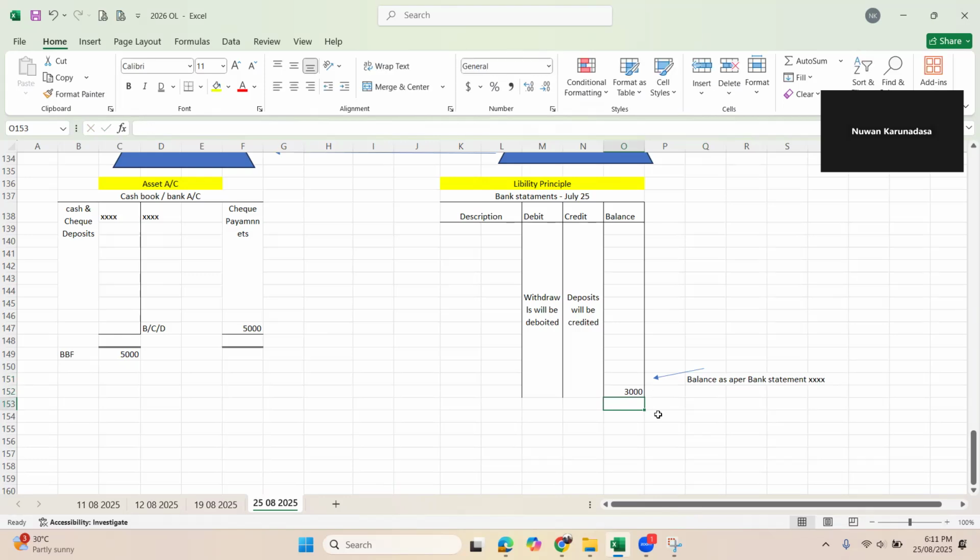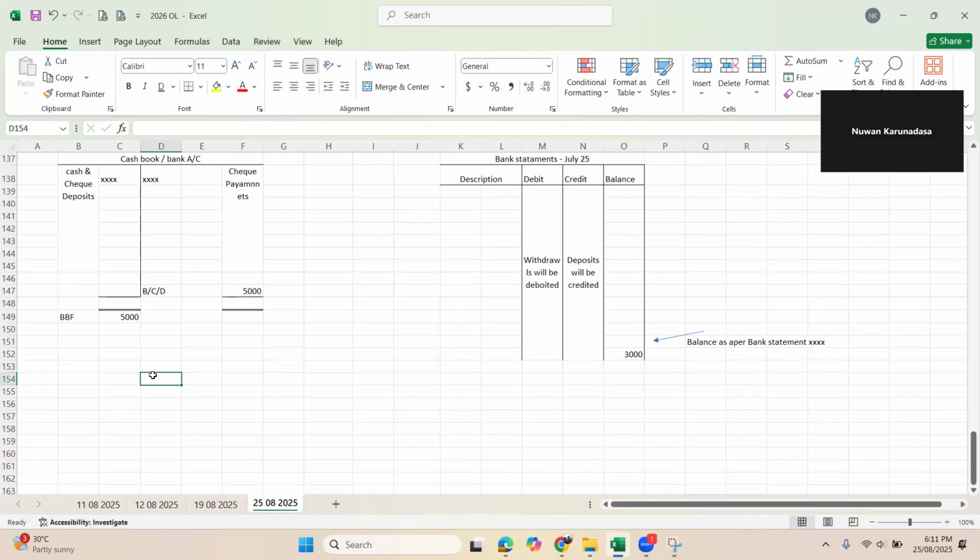Now we are not happy. Why? As per our records, the balance as per the cash book is 5,000, but the bank is showing a balance of 3,000. There is a 2,000 shortfall. What was the reason? The balance as per the cash book is not equal to the balance as per the bank statement. Therefore, we must prepare the bank reconciliation statement.